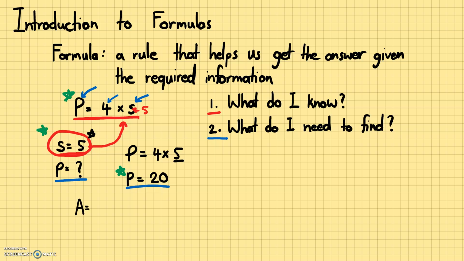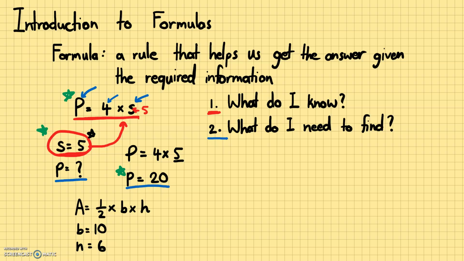A equals 1/2 times B times H. This is a formula that you use to find the area of a triangle. And let's say that we know that B equals 10 and H equals 6. Okay, so again, what do I know here?